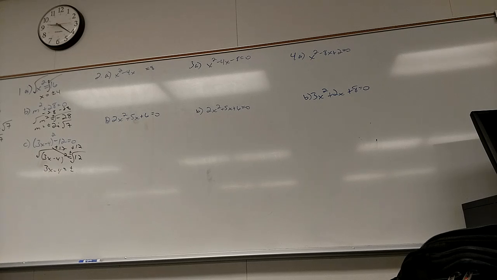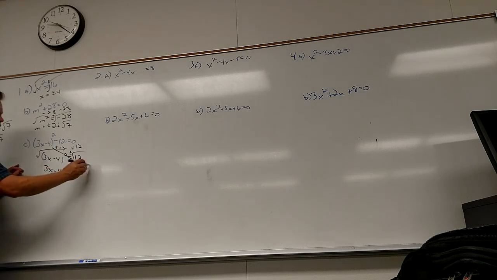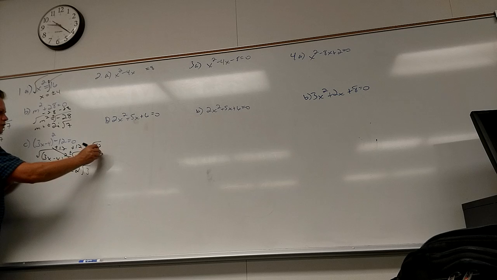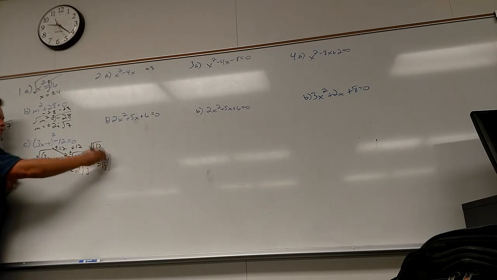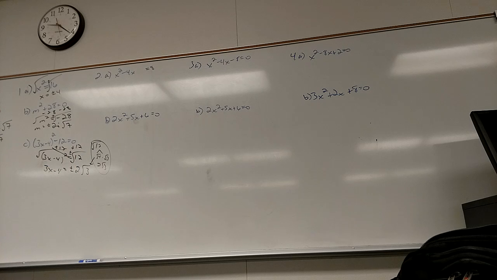So it's 2 rad 3. Is that cool? Rad 12 is rad 4 times rad 3, which is 2 rad 3. Bam! And then I just have to add 4 and divide by 3. So there's your answer.